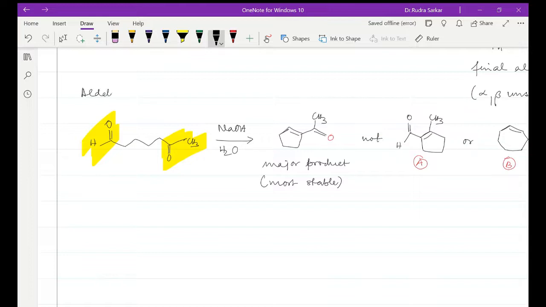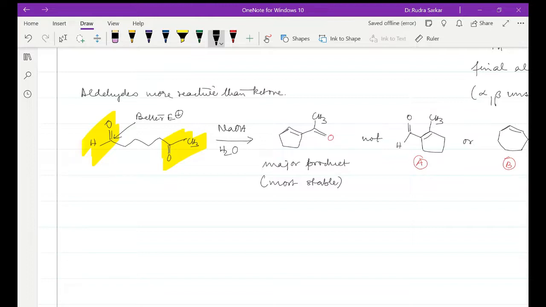Aldehydes are more reactive than ketones because of electronic and steric factors. So we will say this carbon is a better electrophile. Okay, this carbon is a better electrophile.